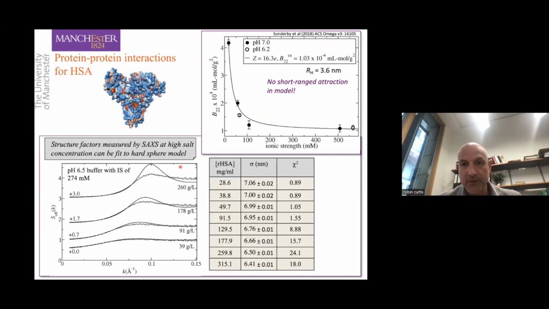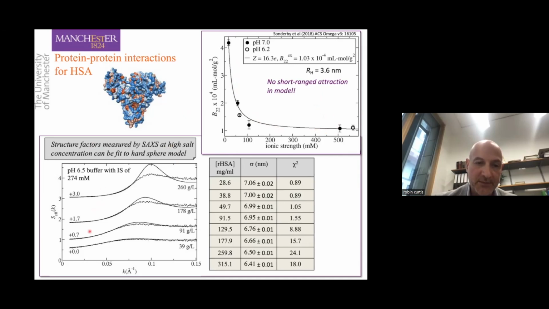So I wanted to say a few words about calculating concentrated solution properties. In this case, we're looking at a protein, HSA, and HSA was a very nice model that we looked at. When we measured the virial coefficient for HSA up to high ionic strength, we found that the virial coefficient was equal to the excluded volume contribution.